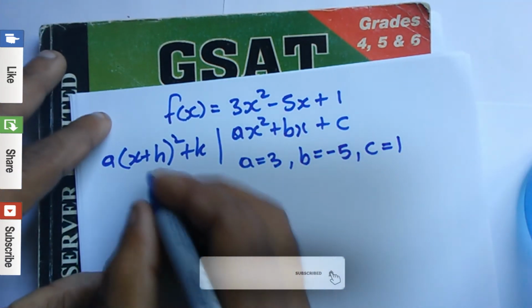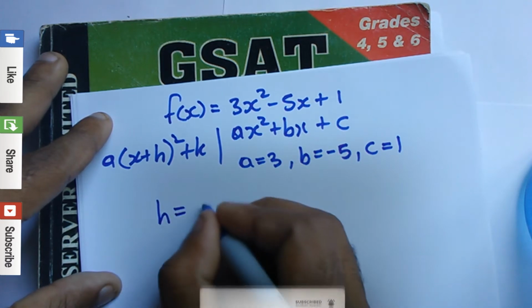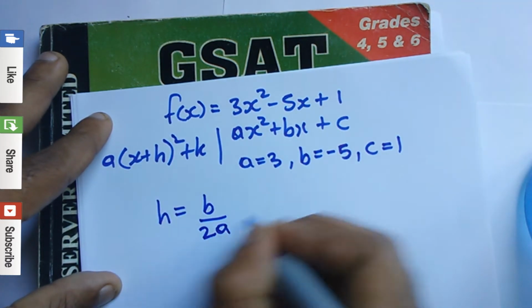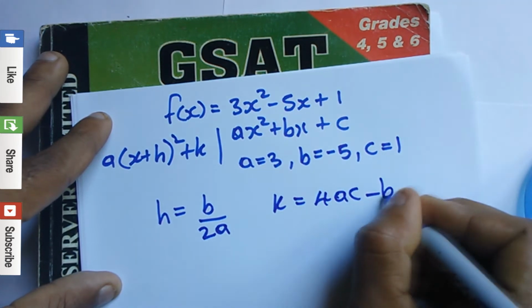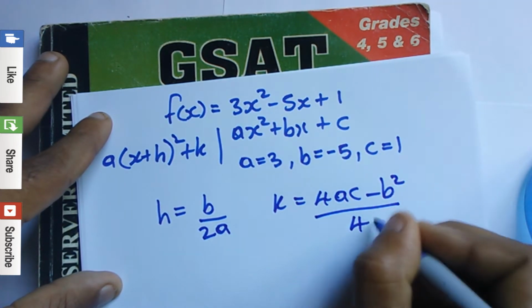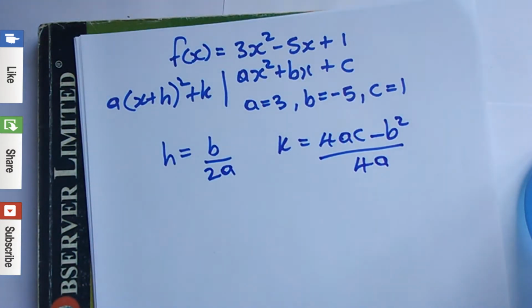So we know that h is equal to b all over 2a, and we know that k is equal to 4ac minus b squared all over 4a. Let me get my calculator.